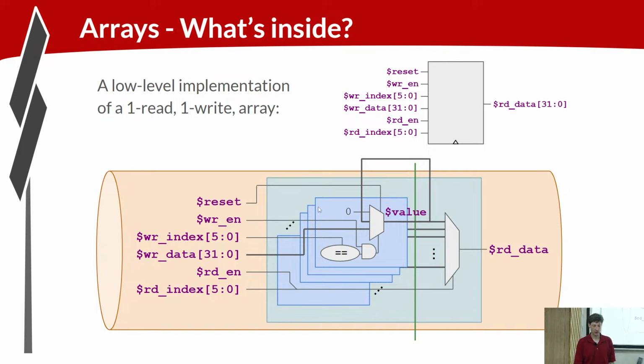So assuming we have 32 entries, each one of these blue boxes represents a value in the register file, and we would have 32 of those. Those values are represented by the crossing of the clock boundary here.